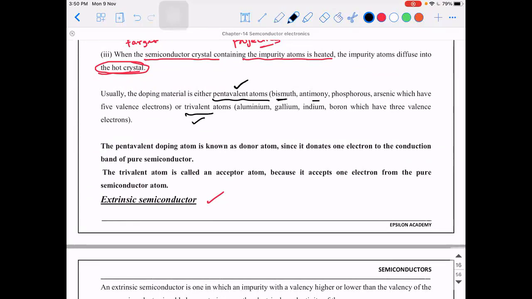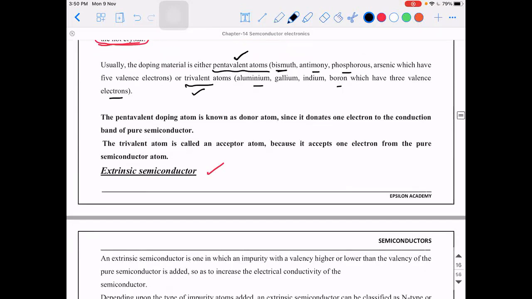Pentavalent impurities are bismuth, antimony, phosphorus, and arsenic, which all have 5 valence electrons, and trivalent impurities are aluminum, gallium, indium, and boron, which all have 3 valence electrons. So logically tell me, by adding a pentavalent impurity, what will happen? Will you get excess electrons or holes? Pentavalent means 4 will participate in bonding and 1 will be free.